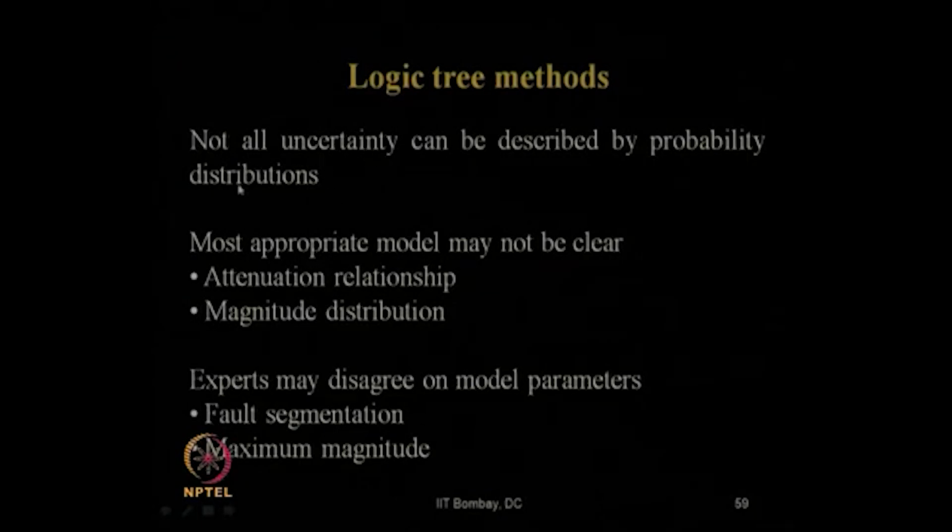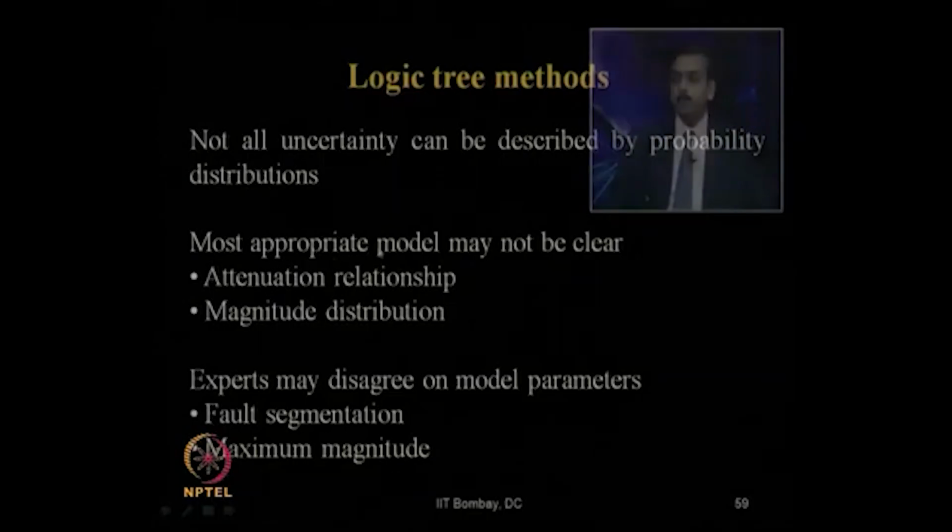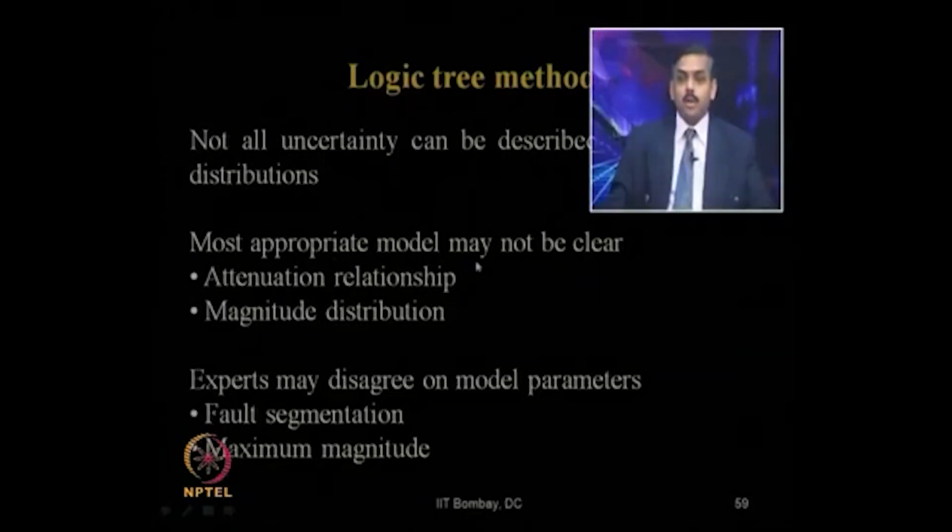So, we have to find out the most appropriate model, which may not be clear for the attenuation relationship and magnitude distribution. Because for the effect we are considering through the attenuation relationship, we do not know which model is most appropriate, as various attenuation relationships may be available for a particular region.